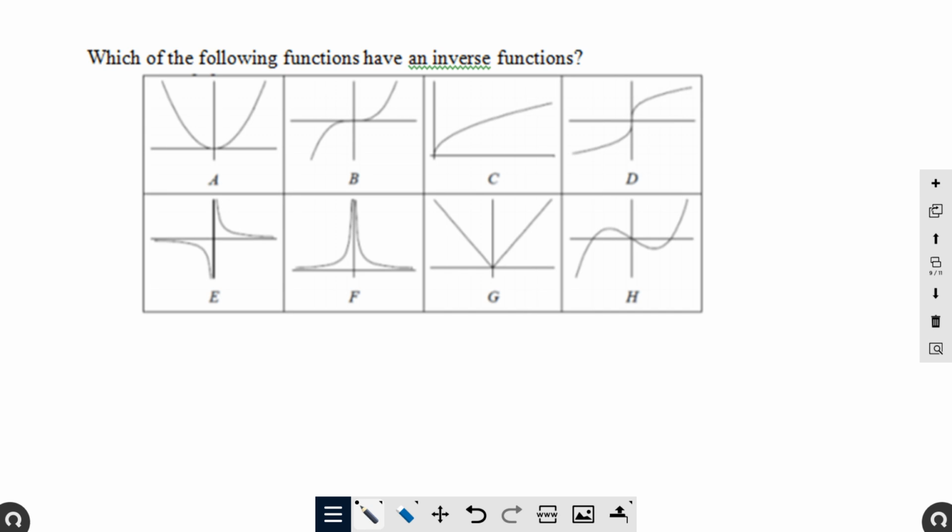All right, the next thing we have on our list is saying which of the following functions have an inverse function. So which of those has an inverse that exists that is a function? Well, to answer this question, we're going to use something called the horizontal line test.